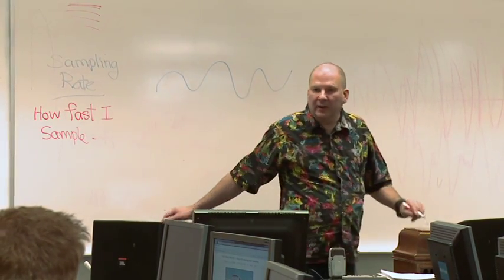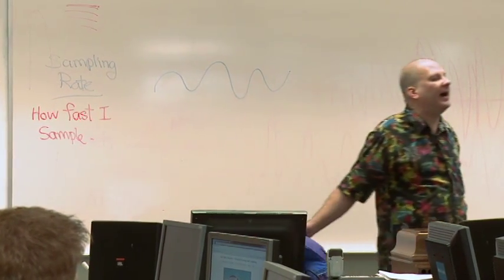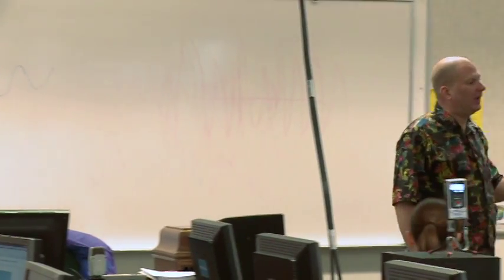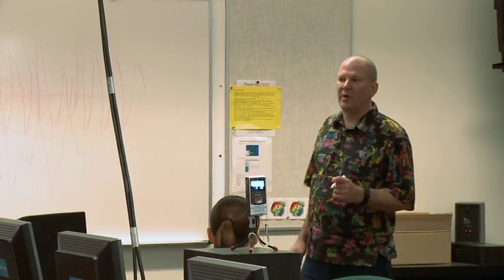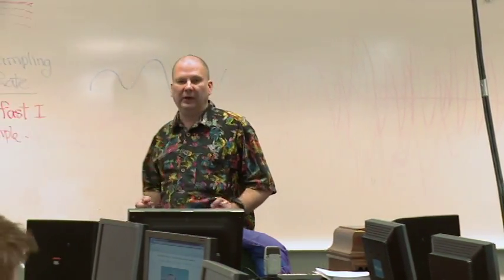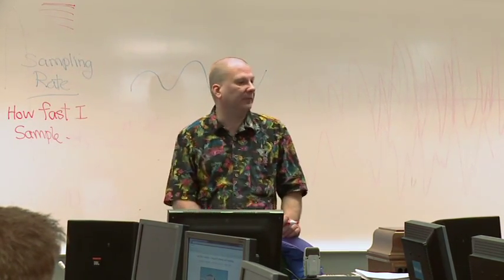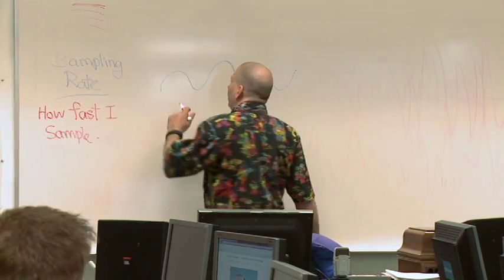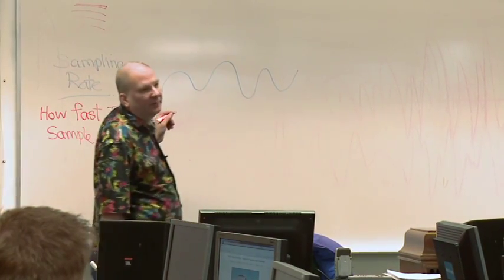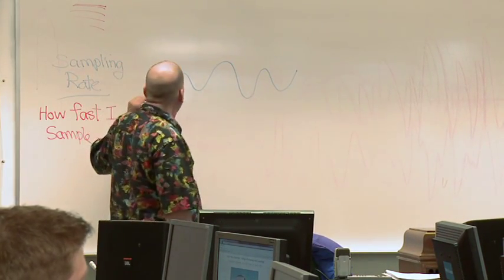Because the other thing we talked about was how accurately I can sample, how many slices I slice the pie into. Very crude ones or very accurate ones: CD, 16-bit, or 24-bit, or very crude 8-bit. Now, we haven't talked about how quickly I should sample any given waveform.